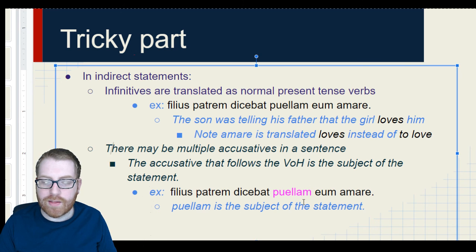That is the subject of your statement because it comes after dicebat, your verb of the head. So puellam is the subject of the indirect statement. The son was telling the father, the girl loves him. Okay? Again, it's kind of inverting a lot of the stuff we've already learned, which is why this is tricky, but they're actually pretty easy to spot. If you ever see a verb of the head and then you see an infinitive at the end, you know you're probably dealing with an indirect statement.